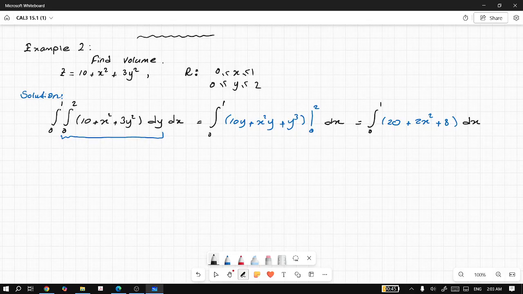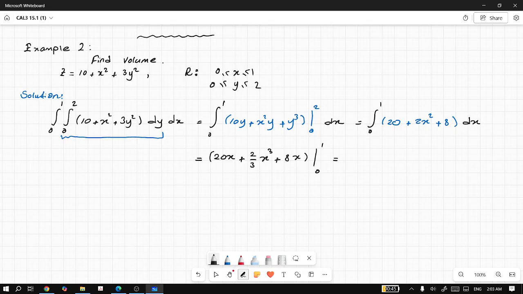Okay, now we are taking the integral of this one with respect to x, so that gives me 20x plus 2x to the power of 3 over 3, so it gives me 2 over 3 x to the power of 3 plus 8x, and the integration runs from 0 to 1.